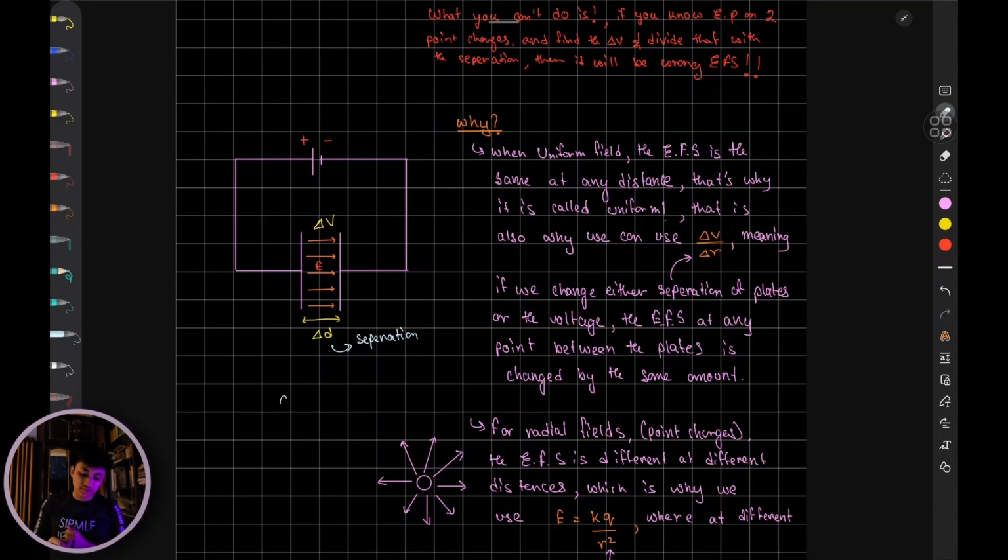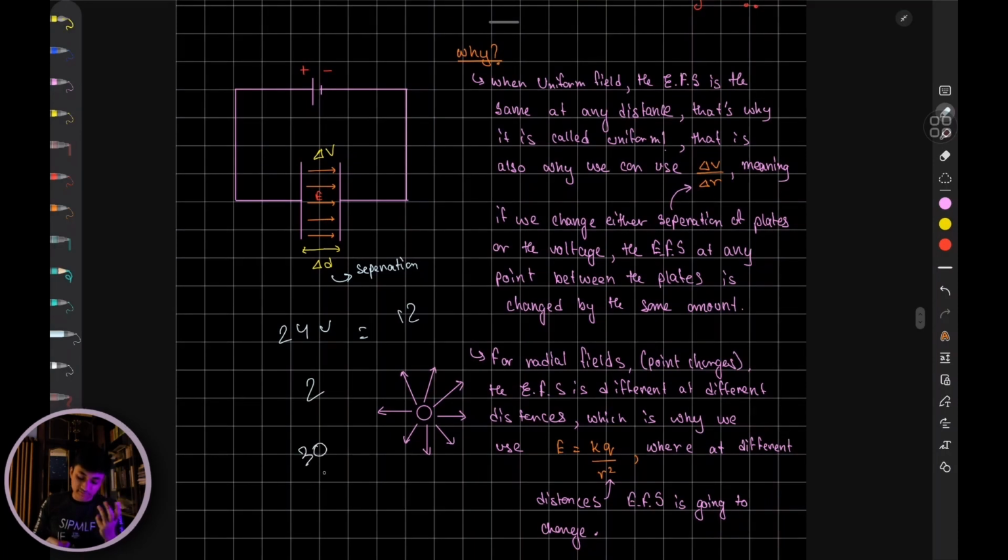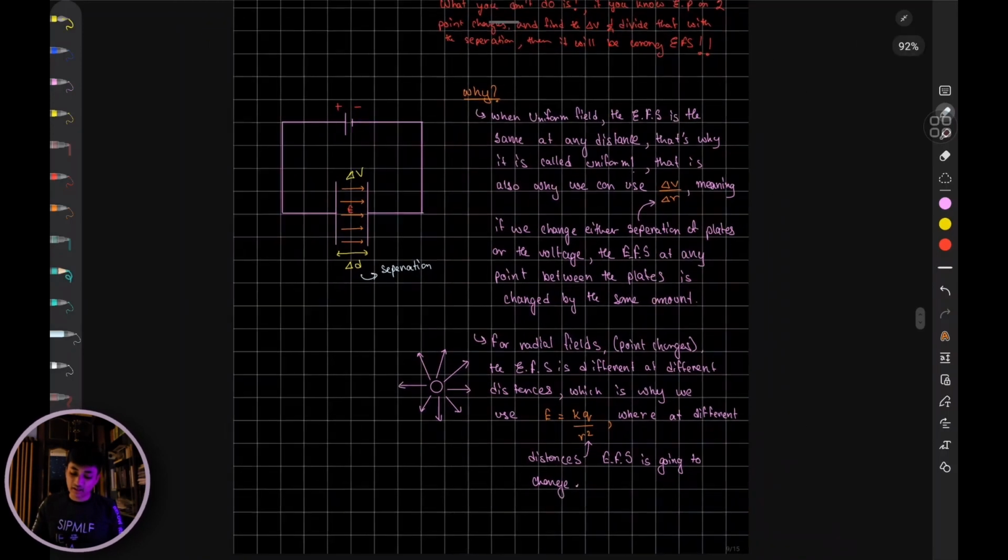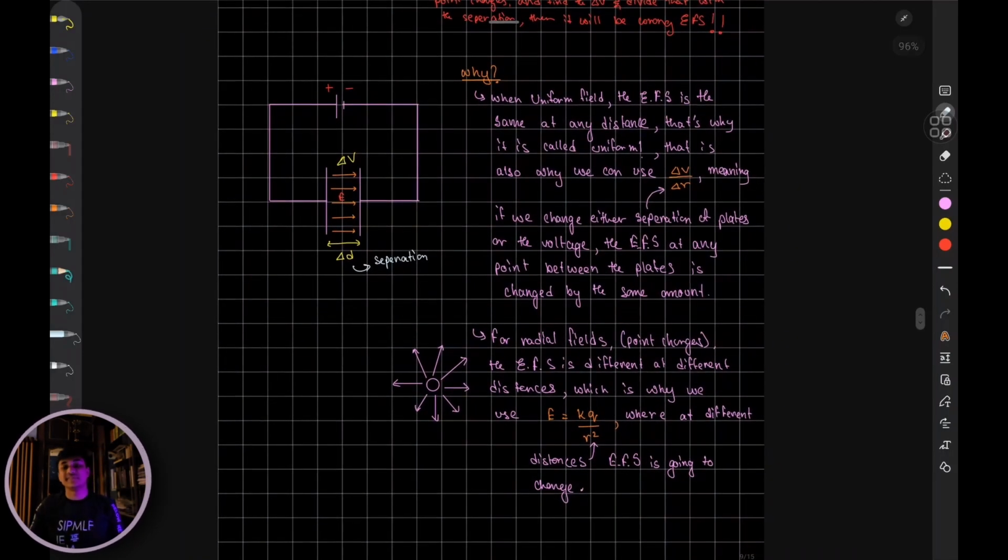Let's say initially it was 24 volts and 2 meters across, resulting in 12 force per coulomb. Now let's say it increases to 30 volts with the same separation of 2. Now it's going to give you 15 newtons per coulomb, right? So you can change either one and toggle the electric field strength.